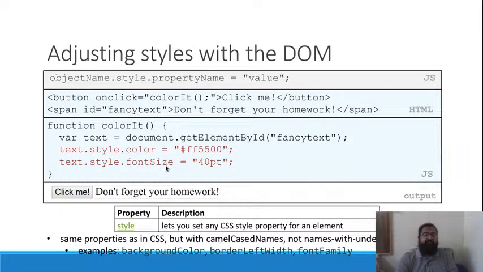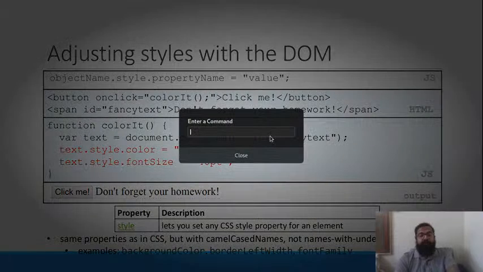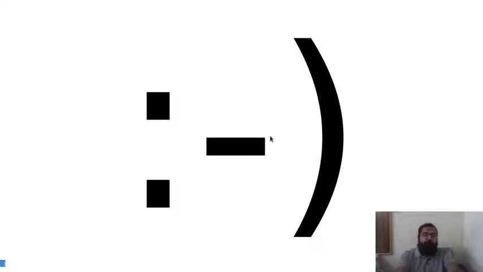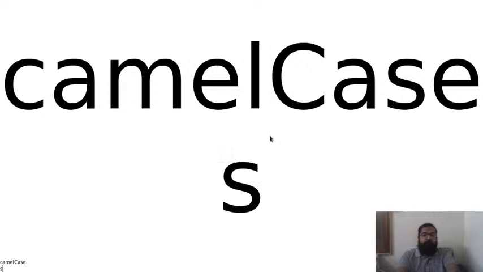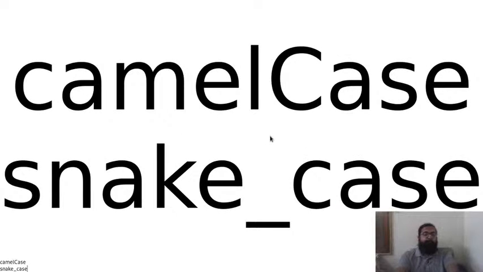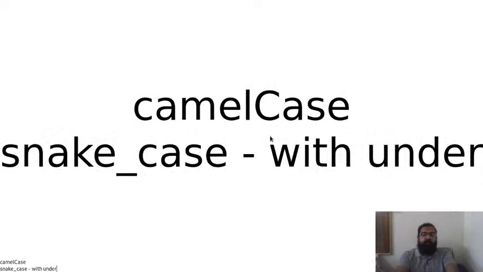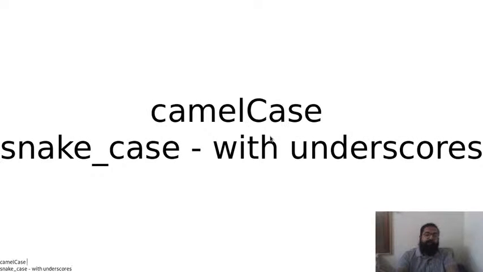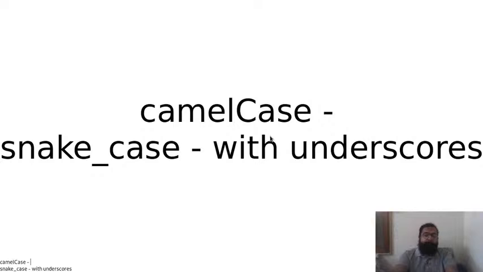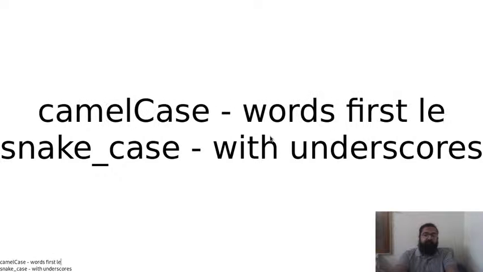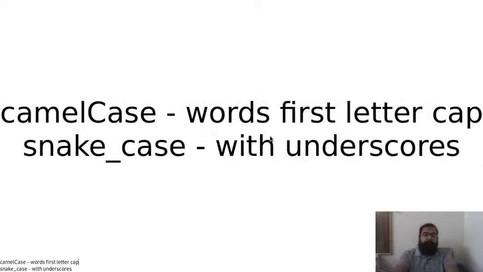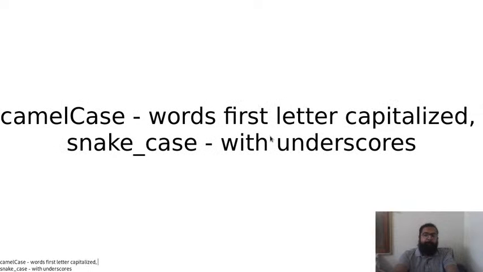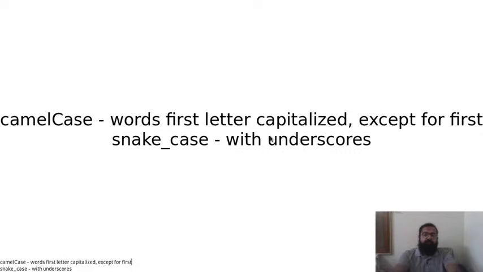It's not font underscore size, that's called snake case. So it can be camel case or snake case, with underscores, and camel case is with words' first letter capitalized except for the first word.